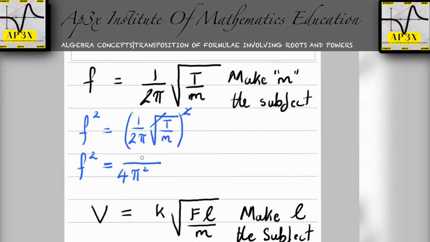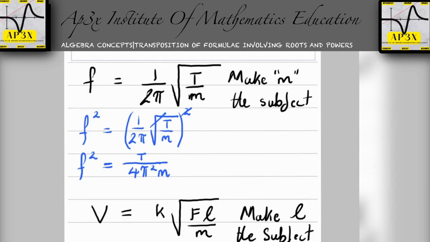So 1 times t is really t. We don't need to write the 1 anymore. We'd only write the 1 if it's a case where only the 1 was available. So that's 4 pi squared, and then of course the m is at the bottom. So we end up with f squared is equal to t divided by 4 pi squared m.